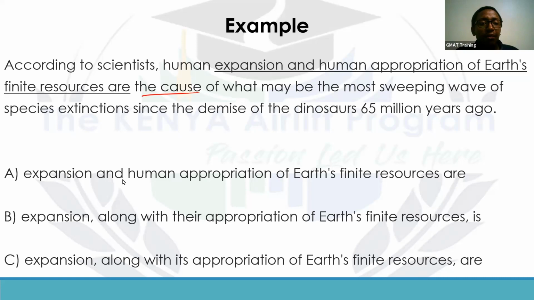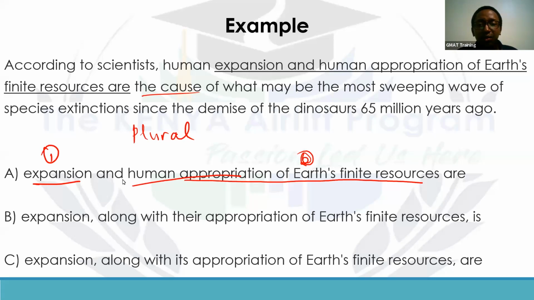So A, according to scientists, human expansion, one subject, and human appropriation of Earth's finite resources. So this now becomes our plural subjects. So are. So that's okay because our subject is plural and our verb is plural.